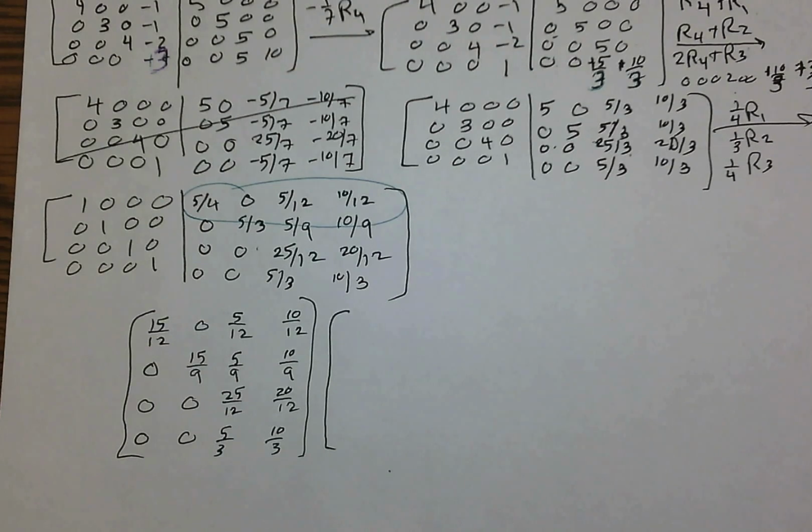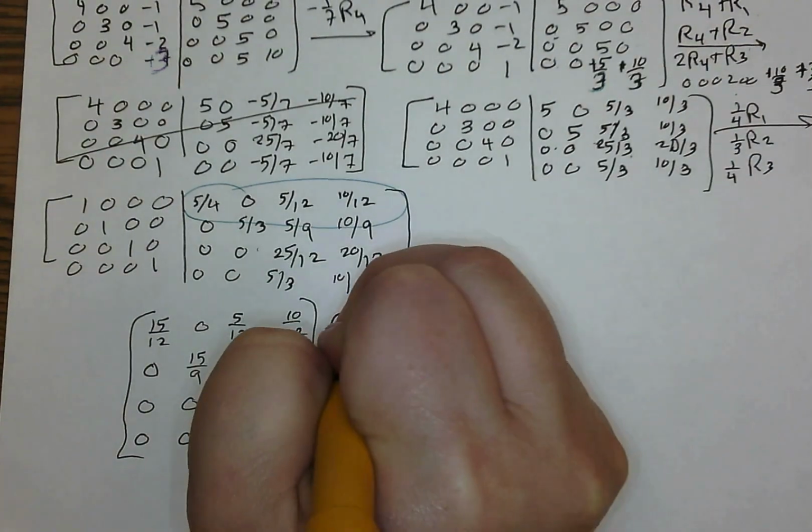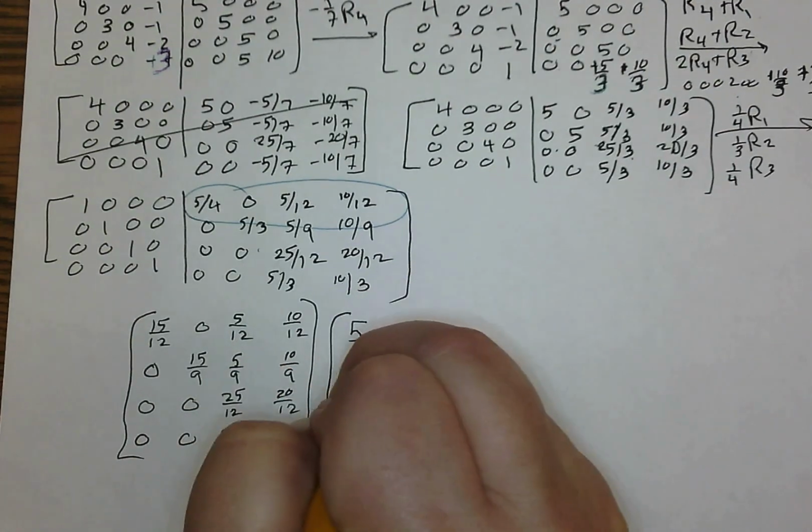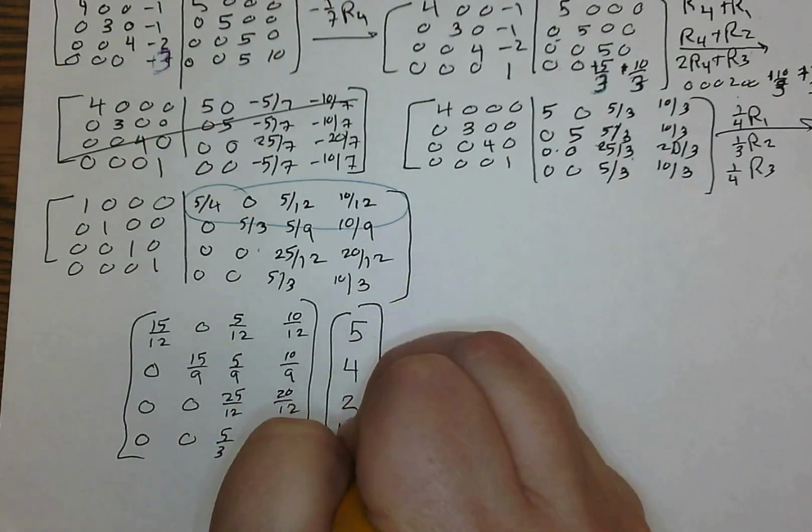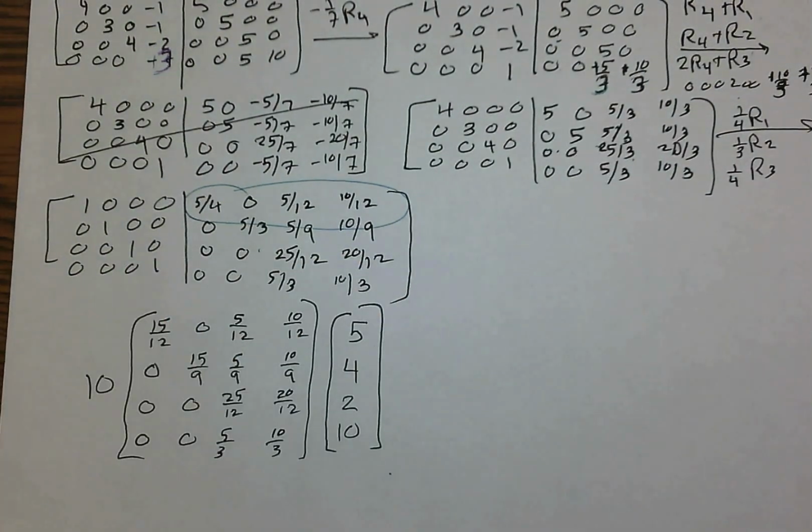So let's see here. Do we want to multiply by 5, 40, 20, 100? Sorry, 50, 40, 20, 100. Those numbers are all divisible by 10. I'm going to take that 10 and move it out front.